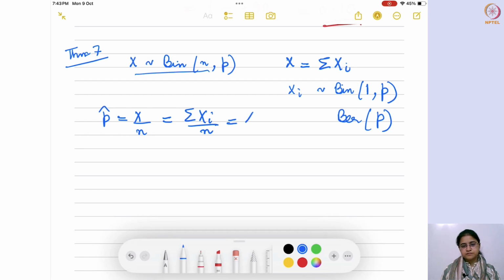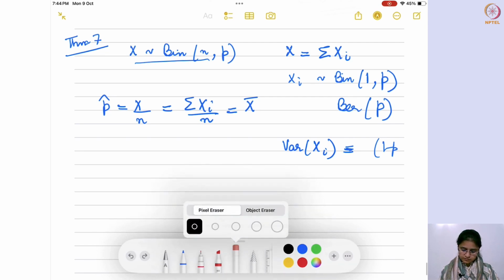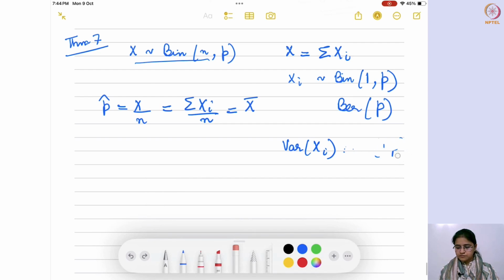This is the sample mean basically. Also, the variance of the xi's would simply be p into 1 minus p, because for Bernoulli the variance is just pq, which is a finite quantity.